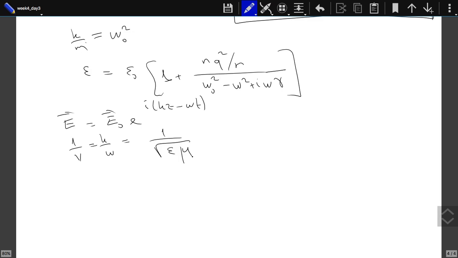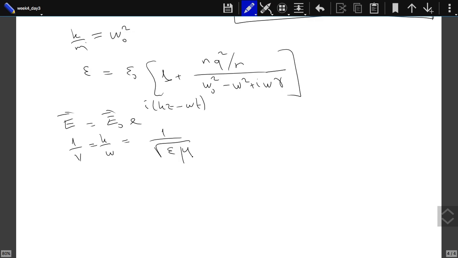This is a non-conductor, so k over omega is equal to 1 over v, which is 1 over the square root of epsilon mu. Well, in general, mu will also have a frequency dependence. It can have an imaginary part, but the deviation of mu from mu0 will be negligible. But nevertheless, epsilon will be what mainly determines this velocity.